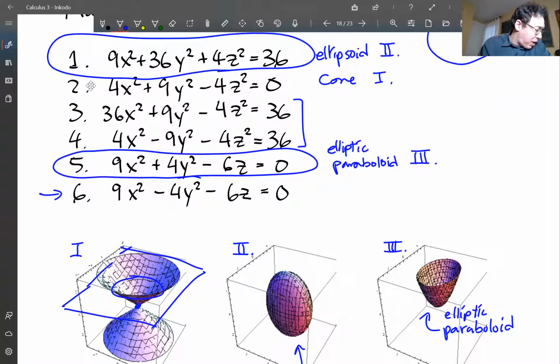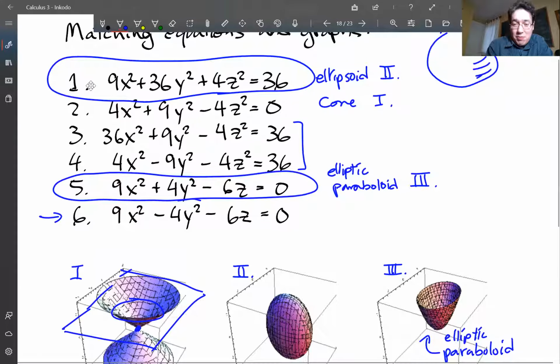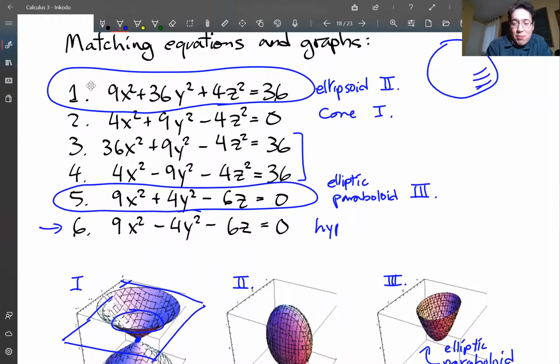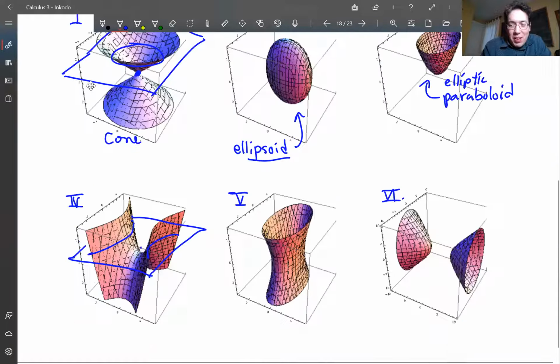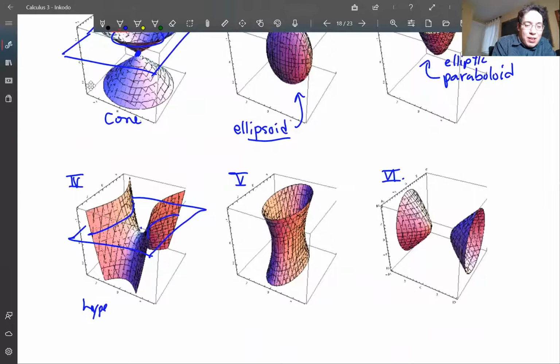This is called the hyperbolic paraboloid. Okay, and this is picture 4. No, that's a Roman numeral 6. I think that's 4. Okay, so hyperbolic paraboloid.